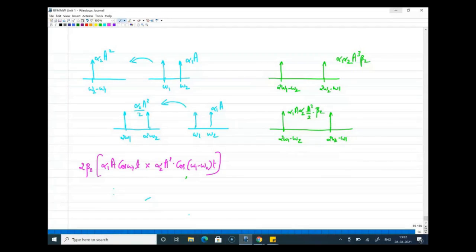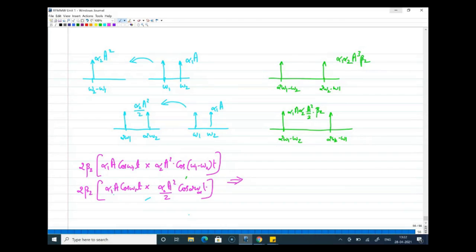So this will lead to one product, and the other one is 2 beta 2 into alpha 1a cos omega 1t multiplied by the second harmonic term cos 2 omega 2 t. So together these two will result in the final product what you can see here.